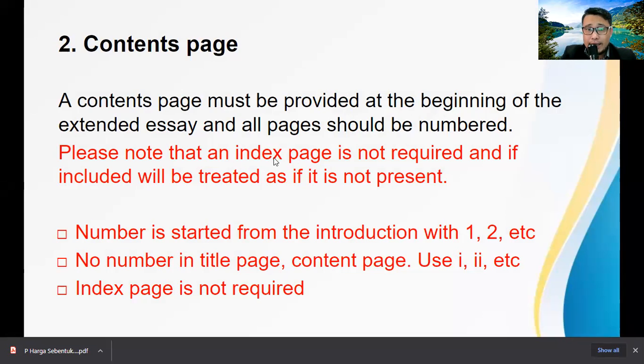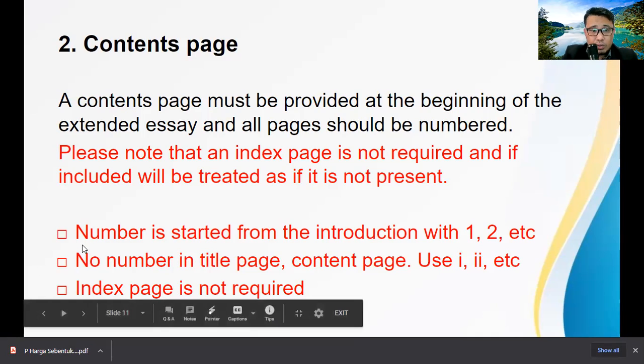Please note that an index page is not required, and if included it would be treated as not present. It means somehow we might put an index at the end or attach it to our extended essay, but actually we don't need it because I don't think the examiner or your teachers will look at it in detail. So that's why it will be treated as if it is not present.